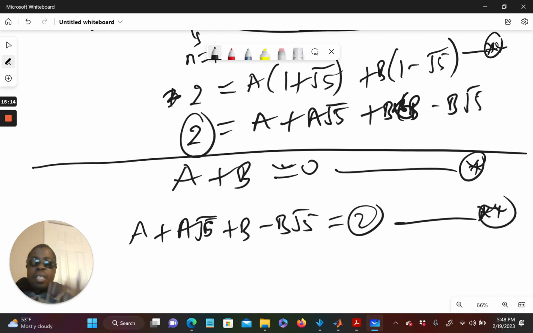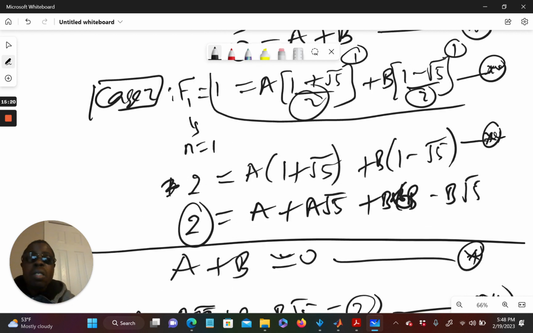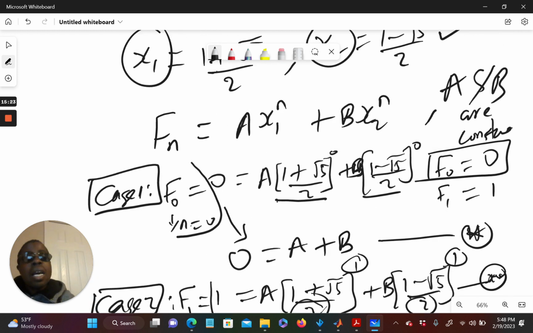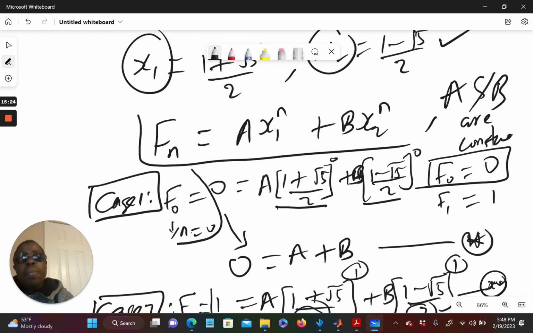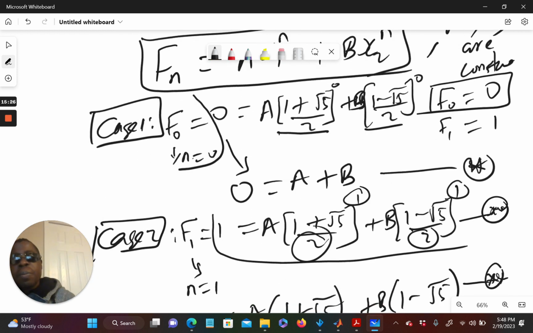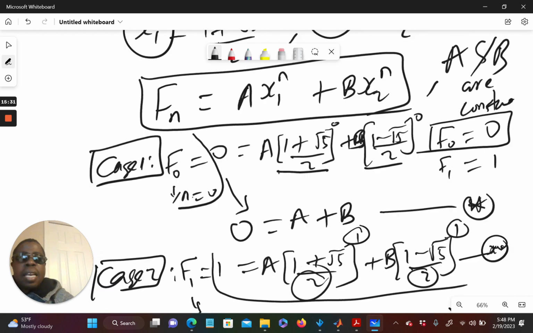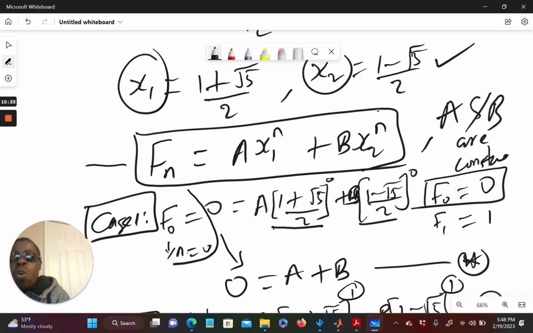Now I'm going to solve these two equations simultaneously to get the values for a and b. Then I can plug the values into this expression to complete my solution. Remember, why am I using this? This is the formula for when you have two different roots, x1 and x2, not the same. This is the formula to use.